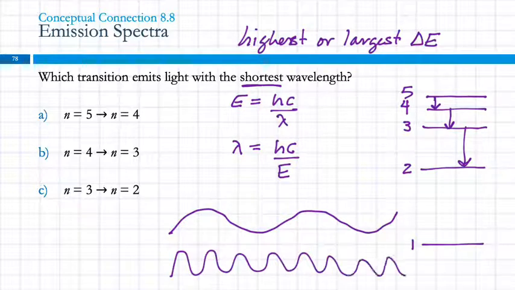So which of those waves looks more energetic? The bottom one, right? It's got a short wavelength. This one has a long wavelength. So 5 to 4 would have the longest wavelength, the lowest energy. And 3 to 2 of these choices is the highest energy, which is the shortest wavelength.